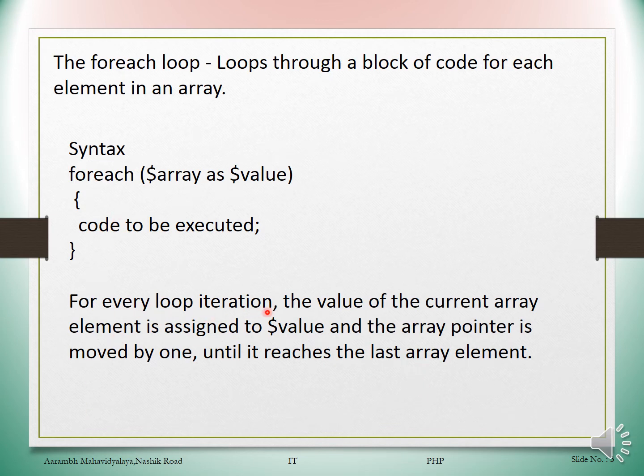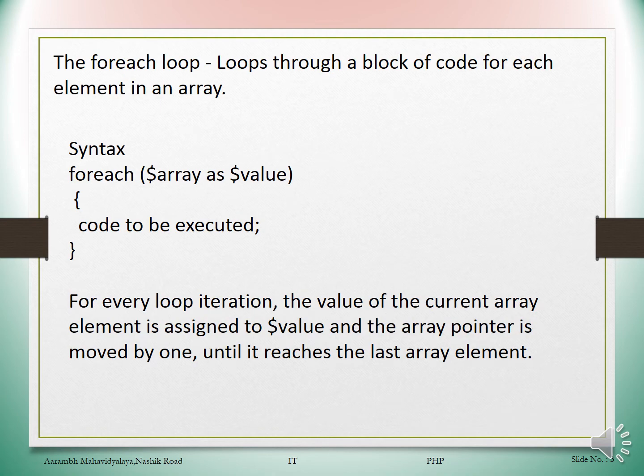For every loop iteration, the value of the current array element is assigned to value and the array pointer is moved by 1 until it reaches the last element of the array. Here all the elements of the array get executed by incrementing the array pointer.